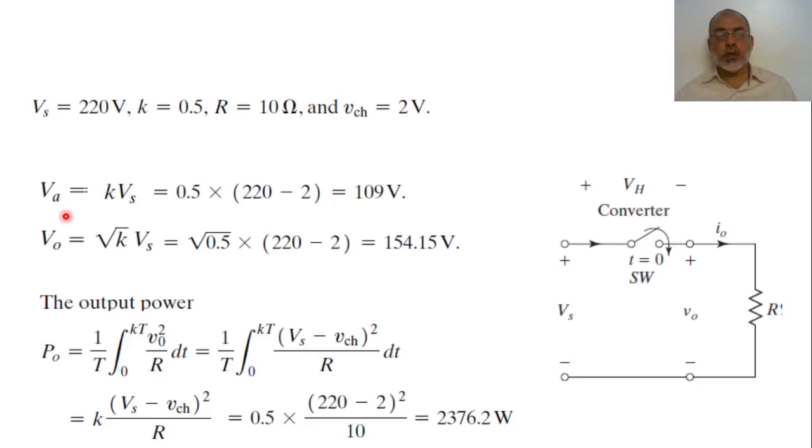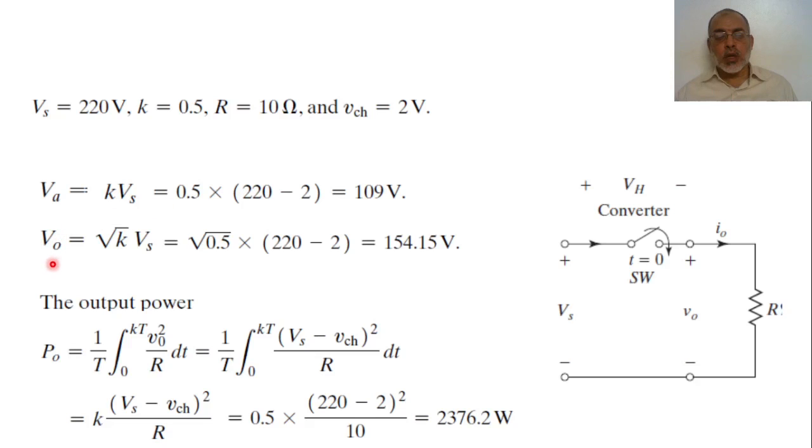So the average voltage is K multiplied by Vs minus V chopper: 0.5 multiplied by (Vs minus V chopper). So the average DC voltage would be 109 volts. If the chopping voltage was 0, it would be 110 volts, because it would be 0.5 multiplied by 220.